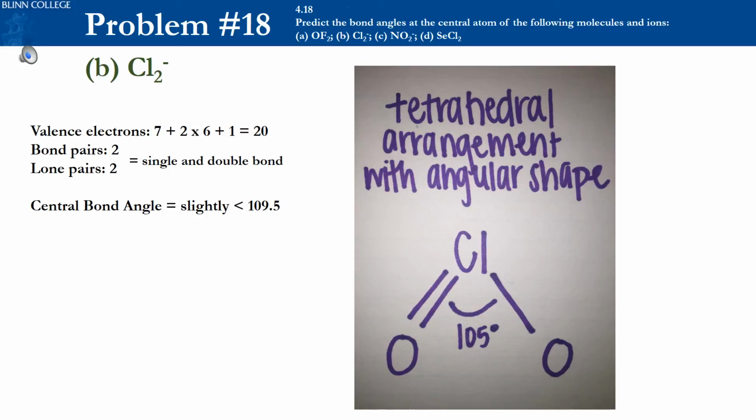And then predicting the bond angle, a normal tetrahedral angle is 109.5, so this one's going to be slightly less than that. So I named it at 105 degrees.